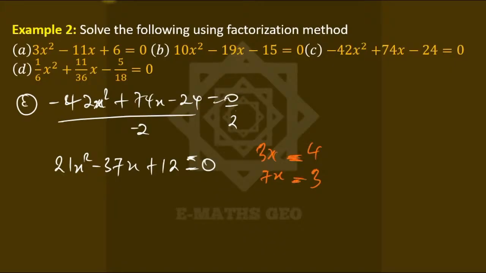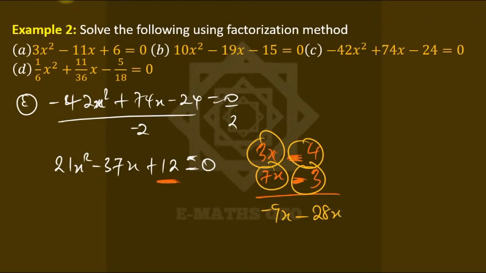Negative 4 times negative 3 is positive 12. Do you see? So it's now possible, because 3x times negative 3 is negative 9x, and negative 4 times that is negative 28x. If they combine, that will give us negative 37.